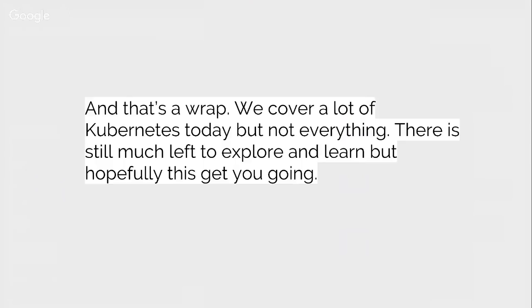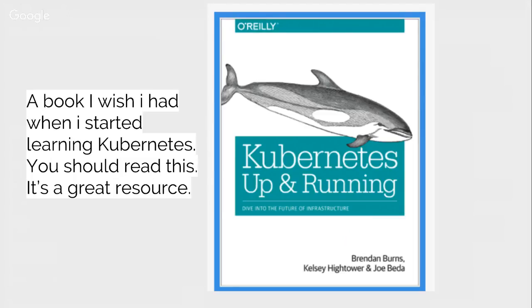We covered a whole bunch of stuff today, but that's barely scratching the surface of all the features in Kubernetes. But with these 3 things, you can get something up and running, and start building out your knowledge from there. This book right here is a book that I wish I had when I first started learning Kubernetes.